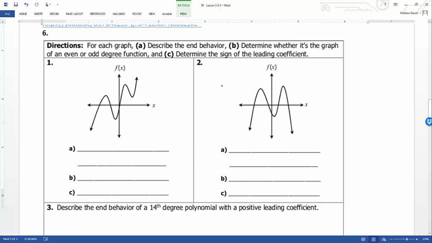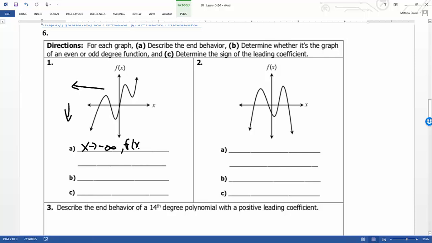All right, so for each graph, describe the end behavior, determine whether it's the graph of an even or odd degree function, and determine the sign of the leading coefficient. So A, the end behavior, as x goes to negative infinity, my y is going down.